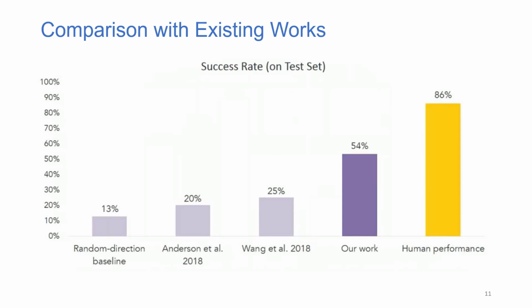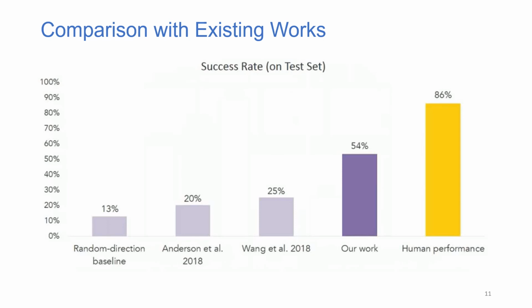Now let's take a look at the performance comparison of this work with the existing works. At first, the authors established the baseline with random directions, which is at 13% success rate. The success rate increased with the other two authors' works.